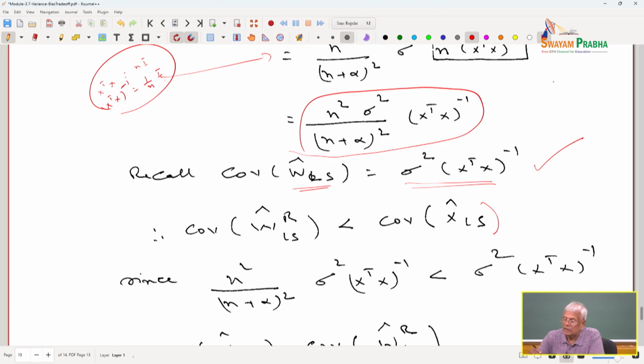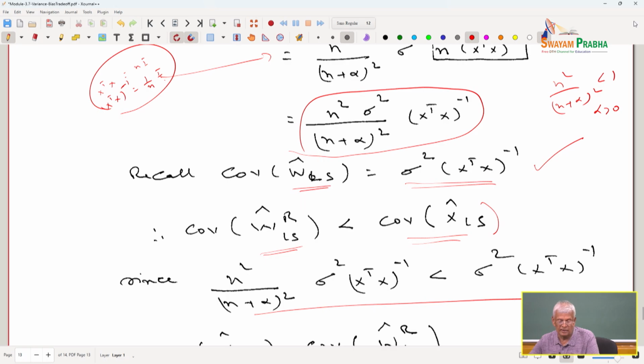Please understand, n square by n plus alpha whole square is less than 1 because alpha is greater than 0. So, that essentially tells you the covariance of the ridge based expression is less than the covariance of the ordinary least squares, since n square by n plus alpha whole square sigma square is less than that. That is essentially the argument I showed you earlier.